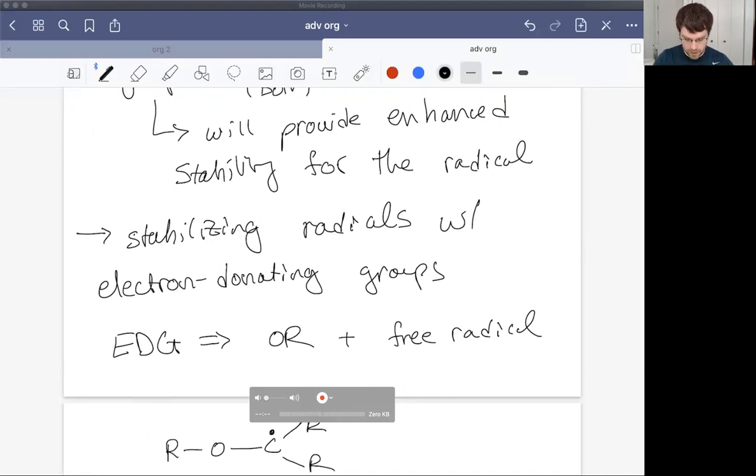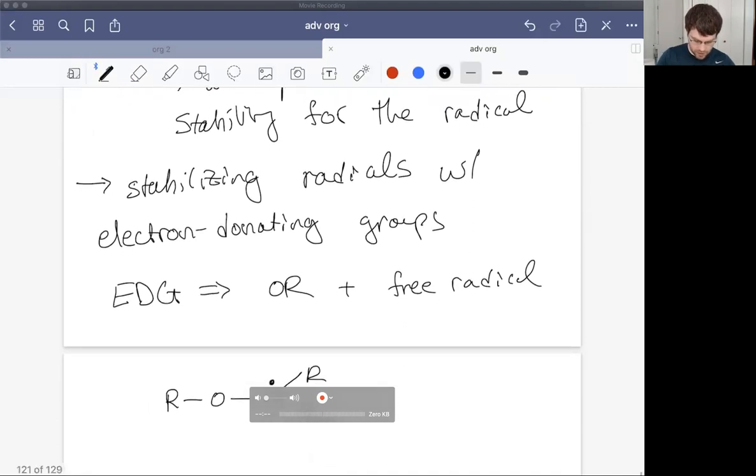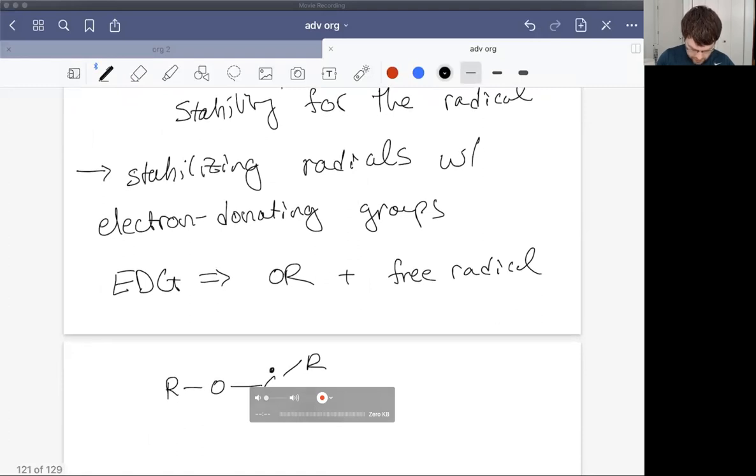Okay. Now, what we see here is that the lone pair electrons here can actually provide stability. Let's get a highlighter here.